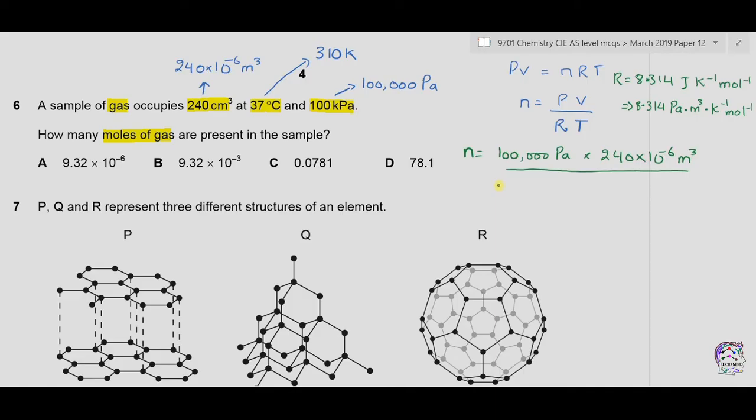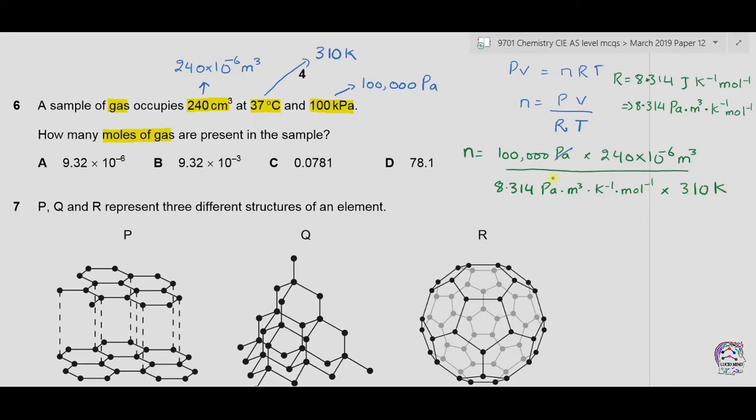Value of R is 8.314 pascals times meter cube per Kelvin per mole. The temperature given is 310 Kelvin.